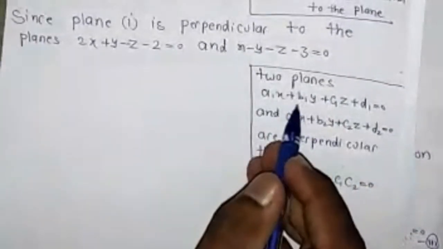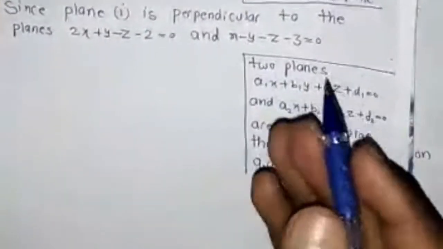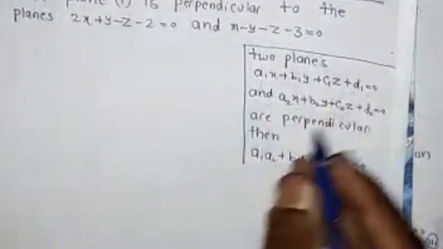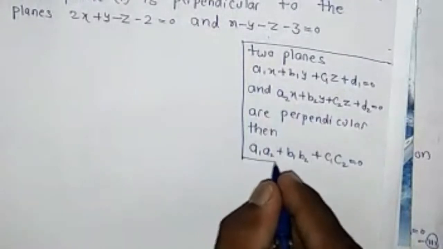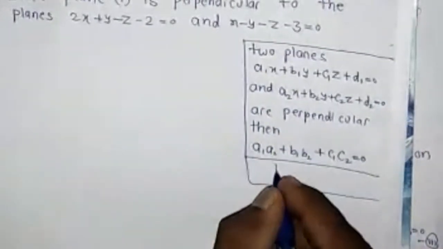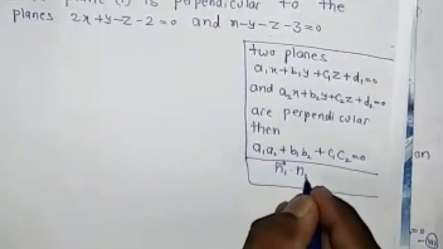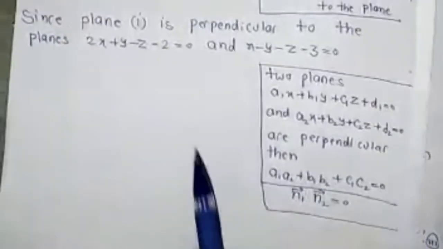Or if the planes are in vector form, then n1 vector dot n2 vector is equal to 0.